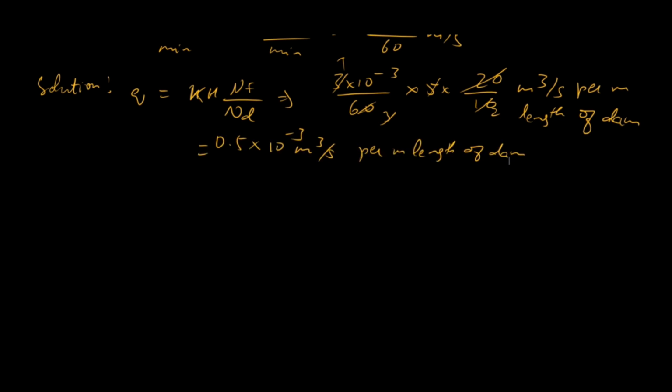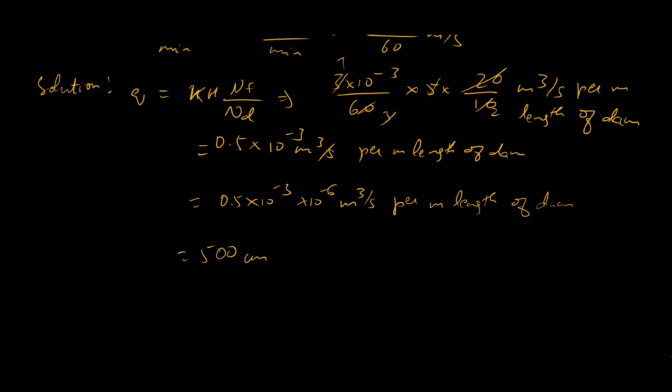So if you change meter cube to centimeter cube, you will get 0.5 into 10 to the power minus 3 into 10 to the power 6, where it will be 500 centimeter cube per second per meter length of dam.